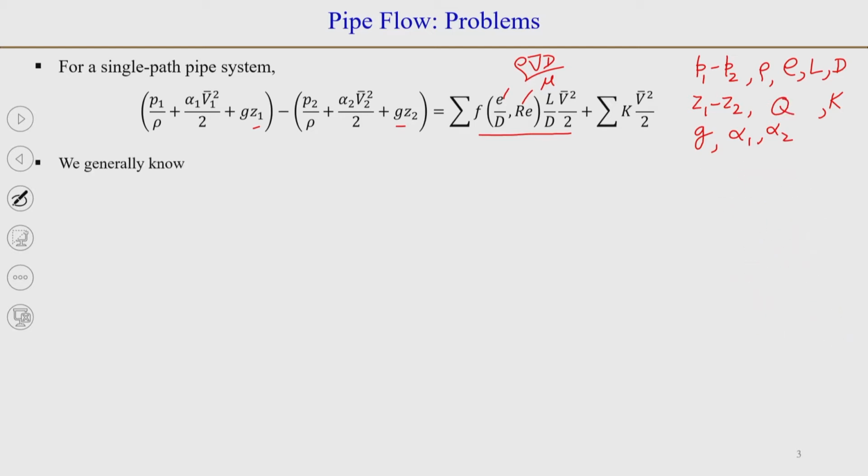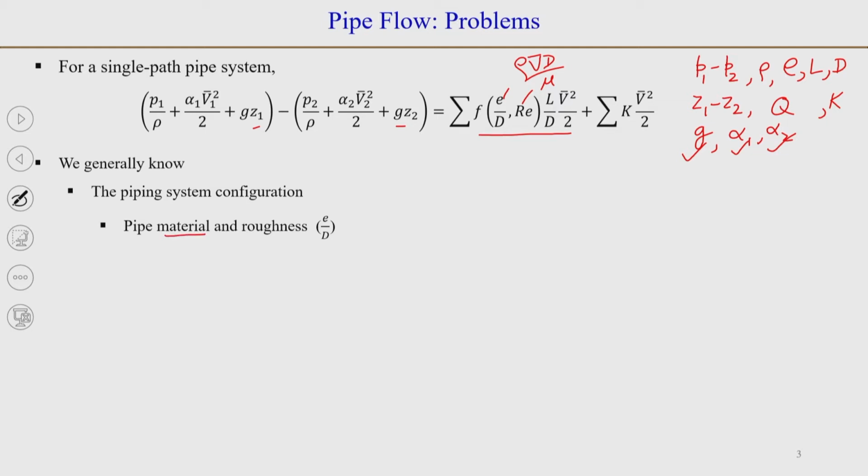We will know what is the acceleration due to gravity. Alpha 1, alpha 2 are known if we know that the flow is laminar or turbulent, and if we know the piping system configuration, for example, what is the pipe material. So, generally the roughness of pipe is a function of pipe material.